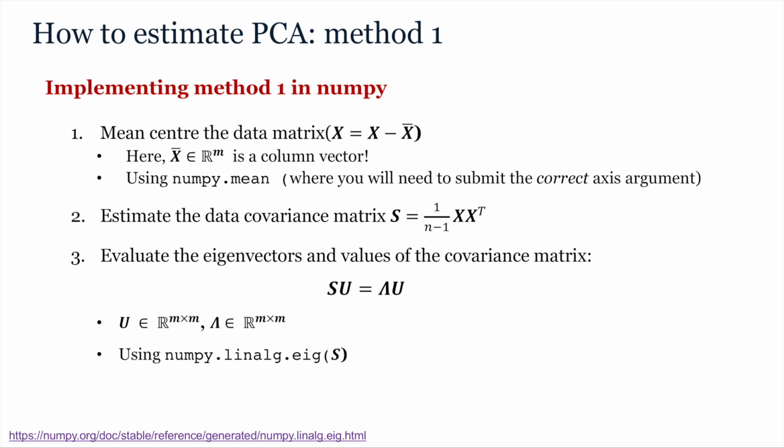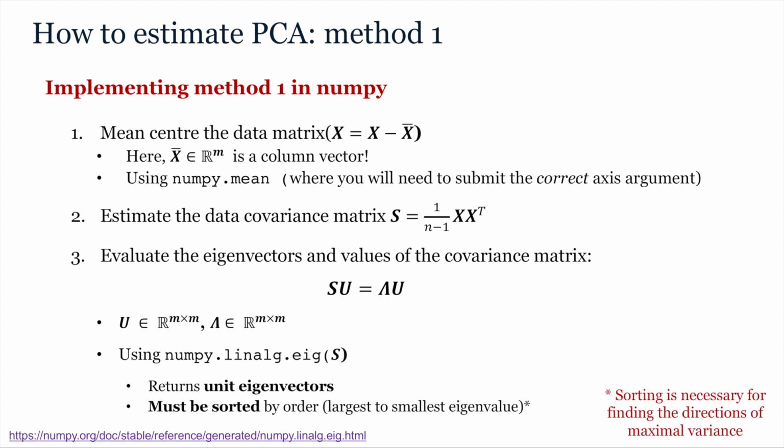So this is going to require you to supply the axis argument. Next, use NumPy's function for eigenvector decomposition to return a matrix of eigenvectors and one of values. This is the NumPy function .eig. It returns unit eigenvectors, but it doesn't sort them, and sorting will be essential for later when we seek to reduce the dimensionality of our data by projecting onto this new basis.